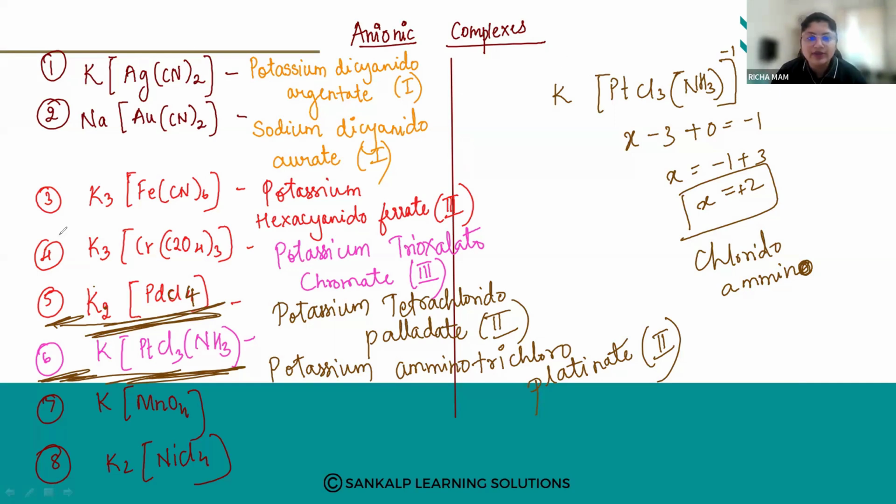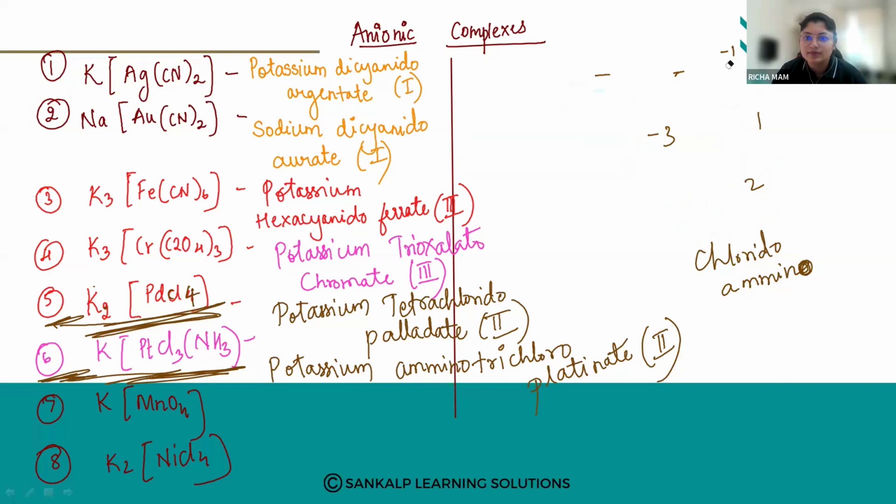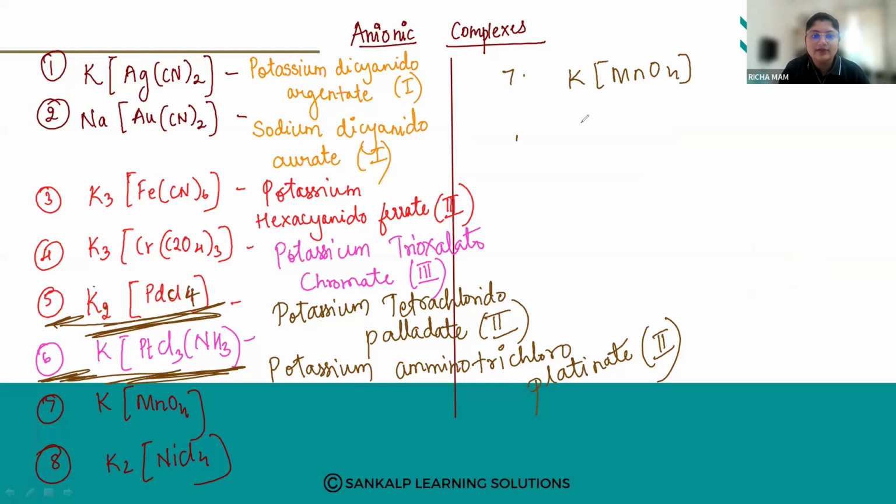Let me clear this. Okay. Seventh one, KMnO4, and eighth one, K2NiCl4. Seventh one, what is the name?